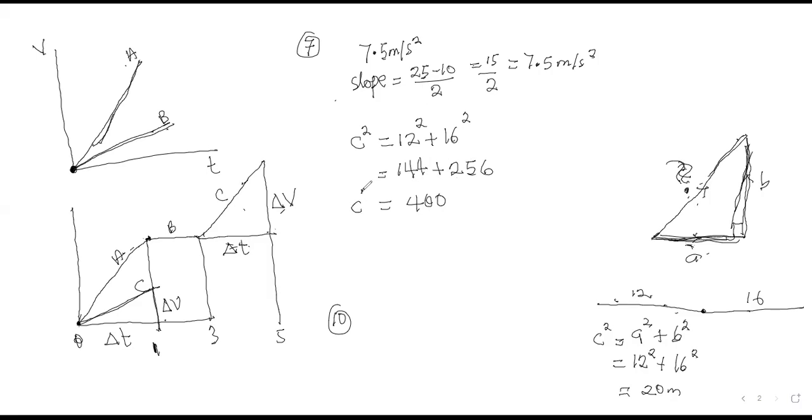So c squared is equal to 400. Finding c, you must take the square root of both sides of the equation. So when you take the square root of c squared, the power 2 vanishes. So you have c is equal to the square root of 400, which is 20. So this is how we got it.